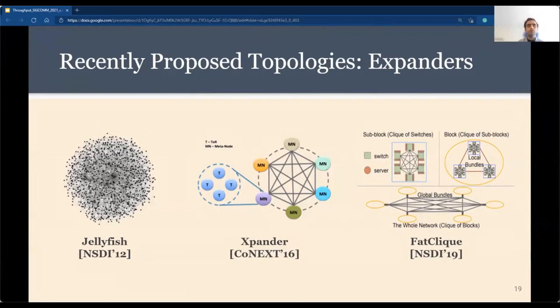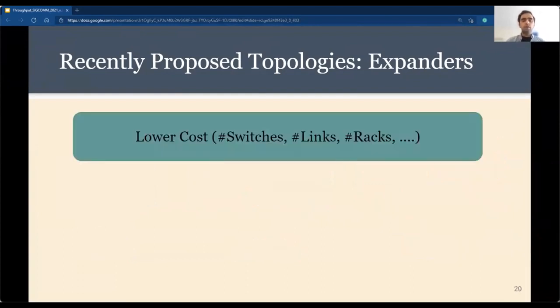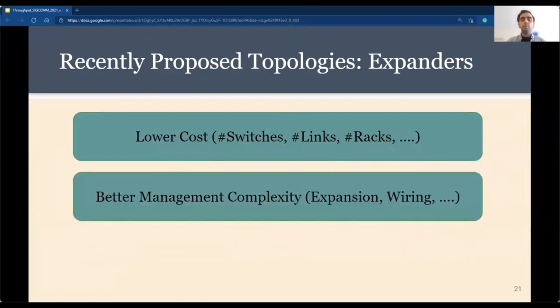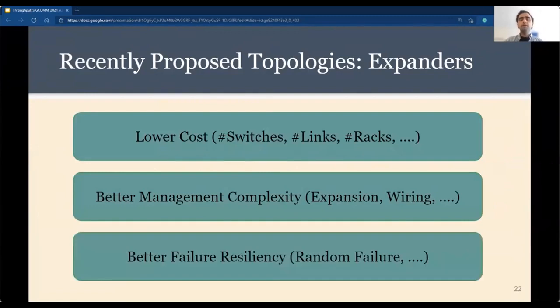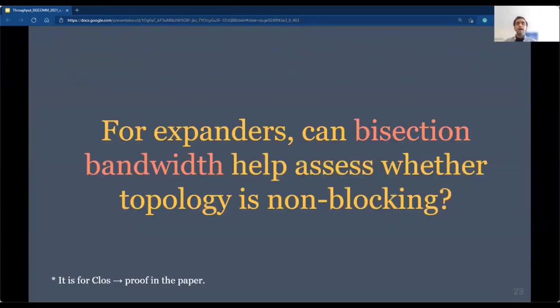These topologies use expander graphs, such as random graphs or cliques, in order to achieve lower cost compared to Clos, better management properties, and better failure resiliency. Now that we have these elegantly designed expander-based topologies, the question is whether the approach based on bisection bandwidth is useful to check whether these are non-blocking or not.